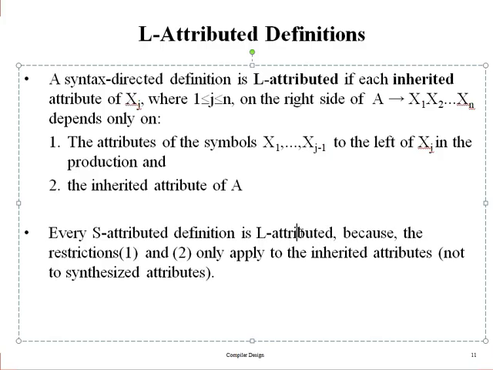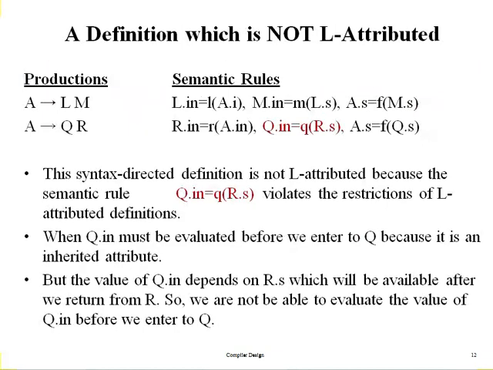If the two conditions are met for the use of inherited attributes in attaching attributes to the grammar symbols, then we can say the grammar is an L attributed grammar. So let's consider this simple example. Assume we have a grammar having two production rules: A derives L M, A derives Q R. Assume we also have semantic rules attached to the production rules.